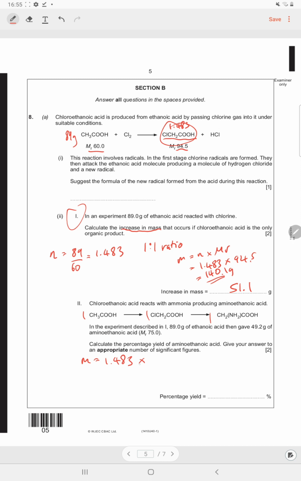So this number of moles times 75, which is the MR of aminoethanoic acid, gives you 111.3 grams. So that's your theoretical yield. Your actual yield was 49.2, so it's 49.2 divided by 111.3 times 100. So the percentage yield would be 44.3%.